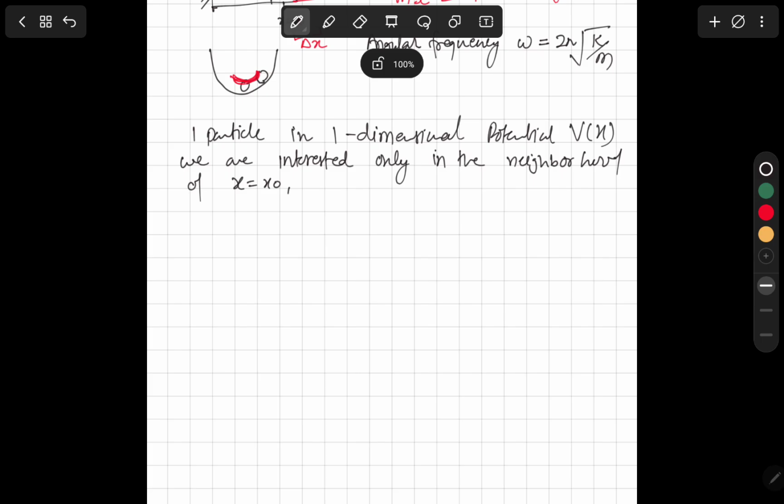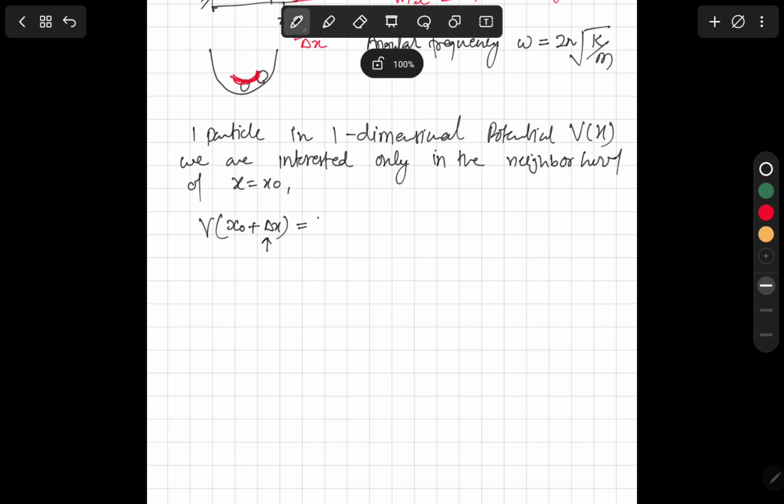To calculate that, we have a mathematical tool known as Taylor series. So we can write any given function, here the potential energy V, around x equal to x naught. So x naught is some point, and we want to get its value if we displace the system from x naught by some amount delta x.